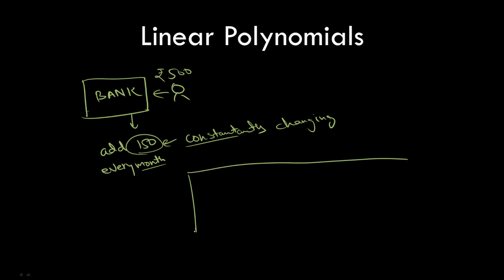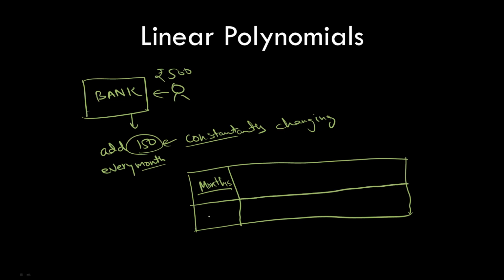We can plot a table. This is going to be months and money we have. On month 0, the month we deposited this money to the bank, we have 500. Then on month 1, we add 150 to it.